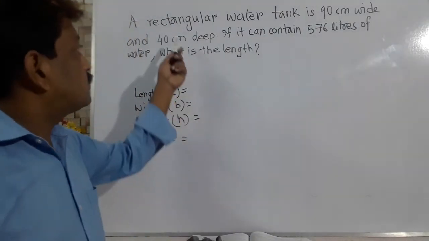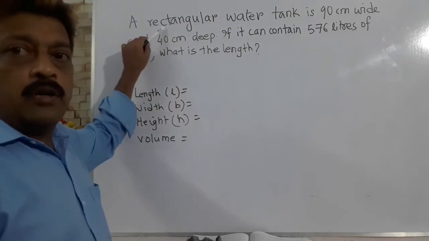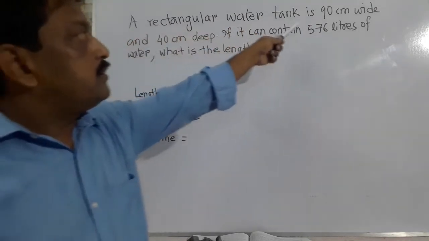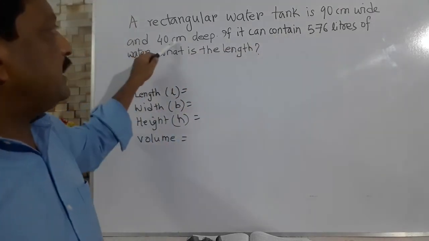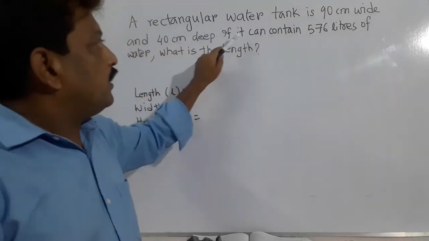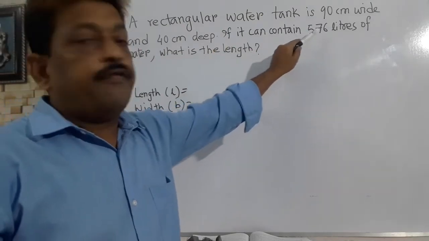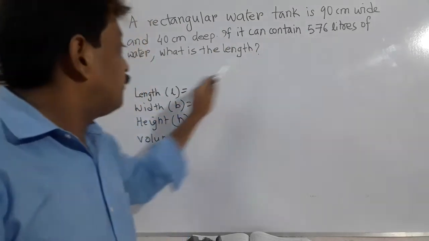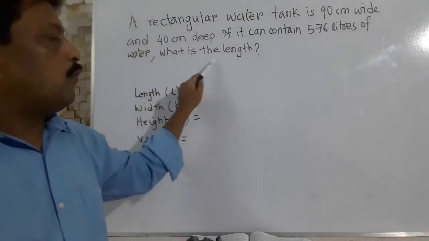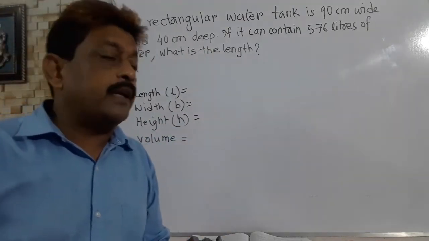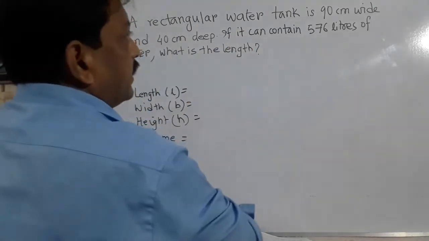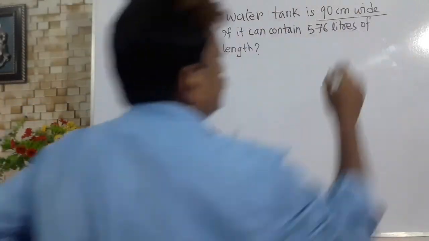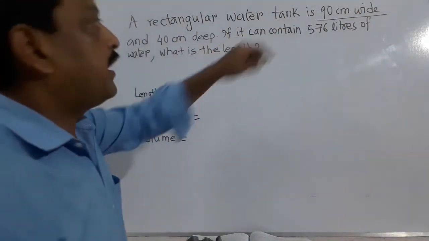So here is the next question. A rectangular water tank is 90 centimeter wide and 40 centimeter deep. If it contains 576 liter of water, what is the length of the tank? Now what is given here? A rectangular water tank is 90 centimeter wide, that is, the width is given, 90 centimeter.